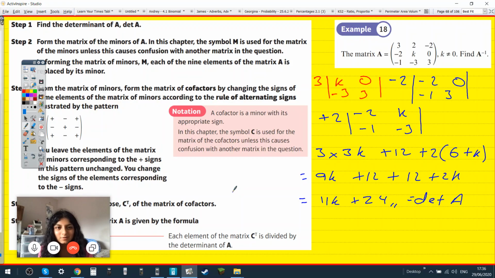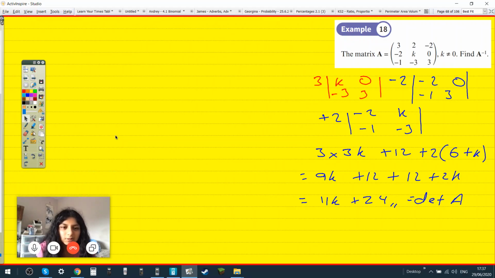Okay, now we get to do the minors thing. So the first one is just K, 0, minus 3, 3. I just need more space. Maybe I'll just make that smaller. Okay, so hopefully something like that. K, 0, minus 3, 3.